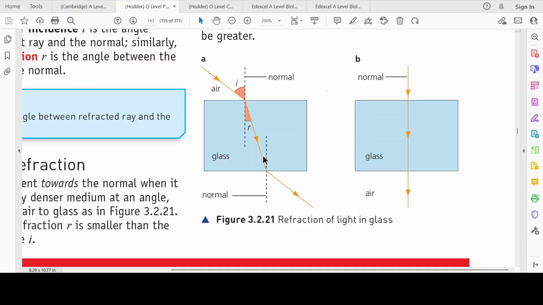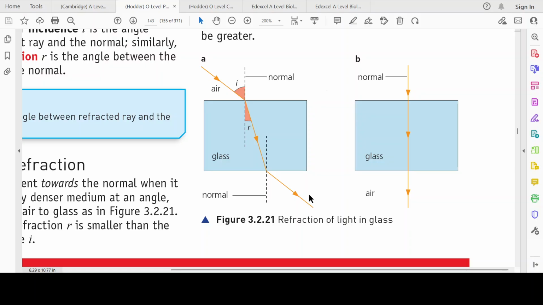You can see that the angle between the normal and this ray in the glass is smaller compared to the angle between the refracted ray coming out and the normal. So that's a large angle. So the light ray is bending away from the normal. That's the second thing we talked about, and that whole thing has been illustrated here.